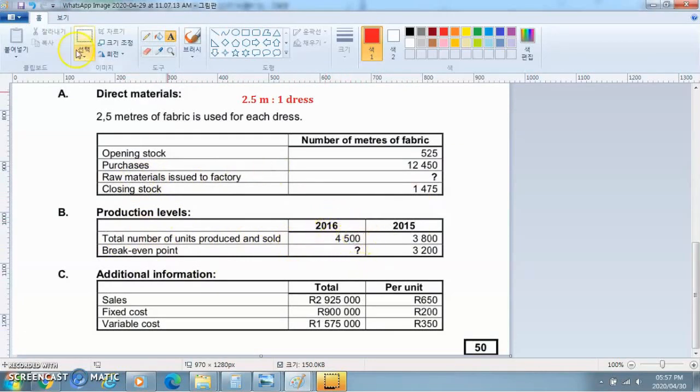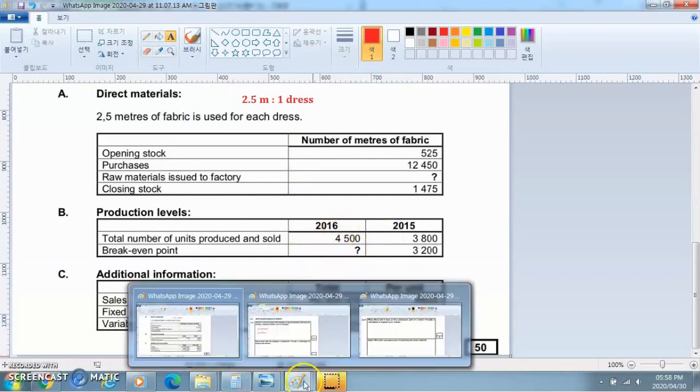And then here there's information that 2.5 meters of fabric is used for each dress. So for us to find the actual meters that resulted in 4,500 dresses, we will say 4,500 multiplied by 2.5. So this will give us the used. This is what we used.